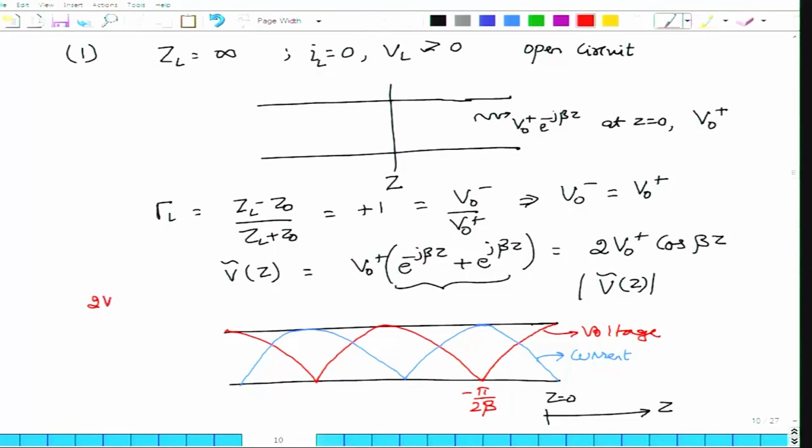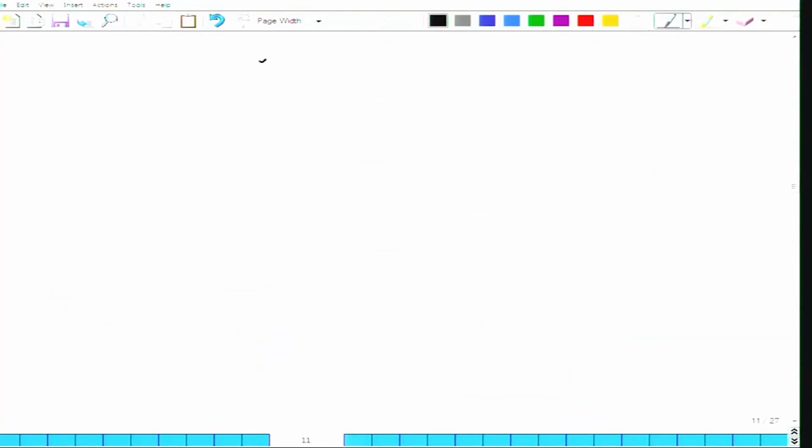All I need to do is to take this phasor, multiply it by e^(jωt) and then take the real part of it, in order to obtain the voltage as a function of z and t. And when I do that, what do I get? I get 2V0+ cos(βz) times cos(ωt).